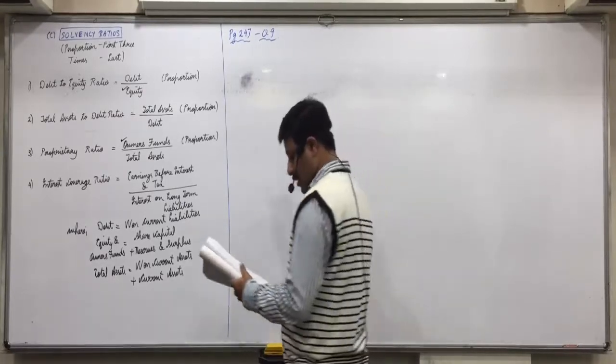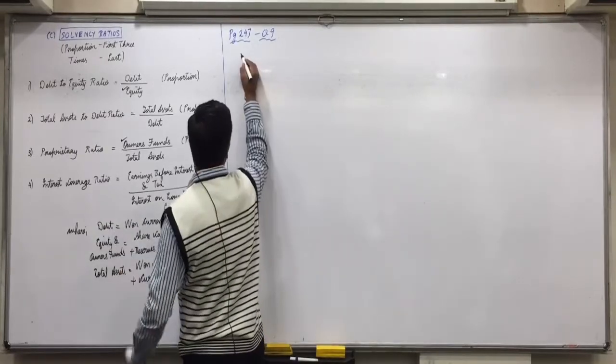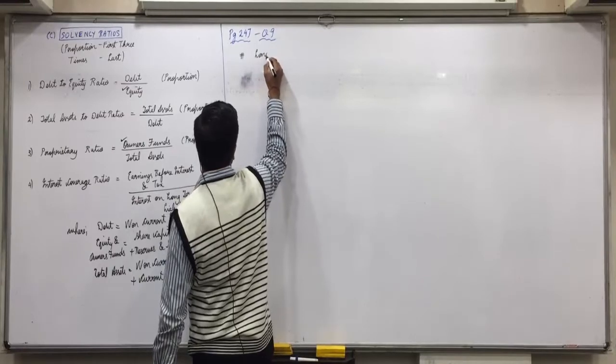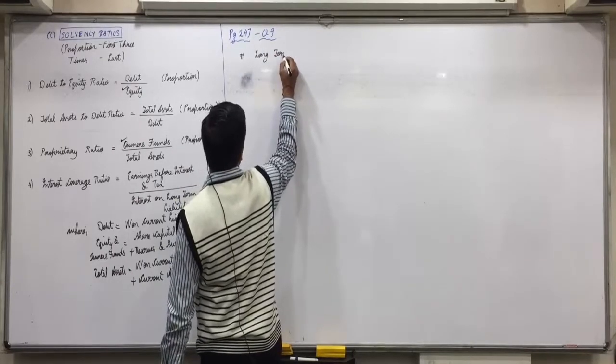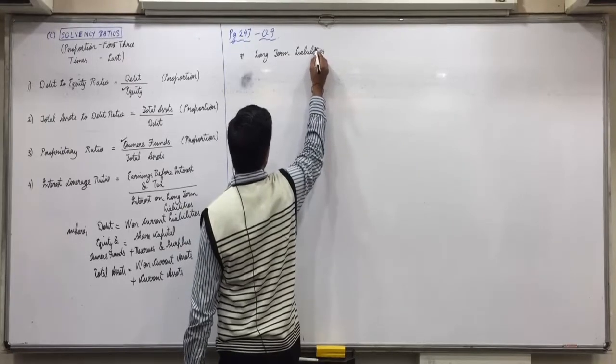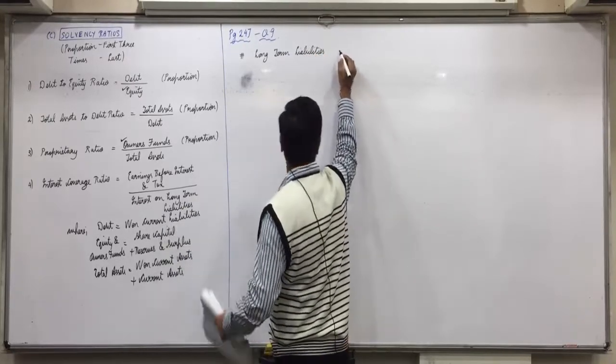Now, first we'll find debt. So long-term liabilities, 8 lakhs.